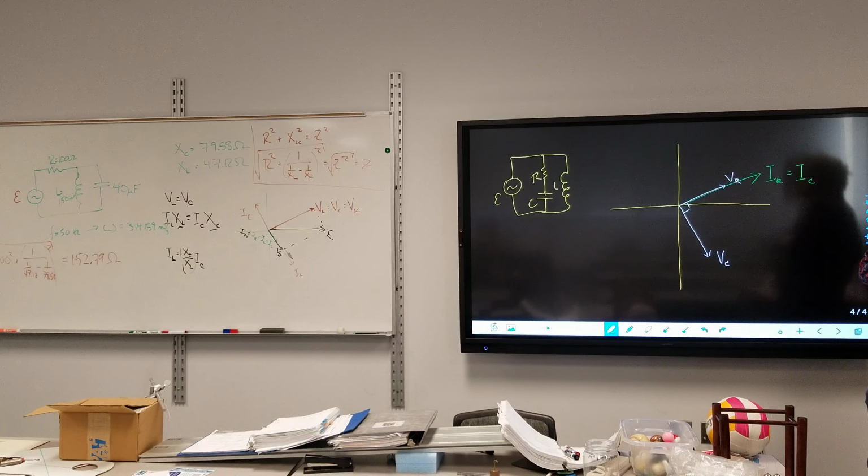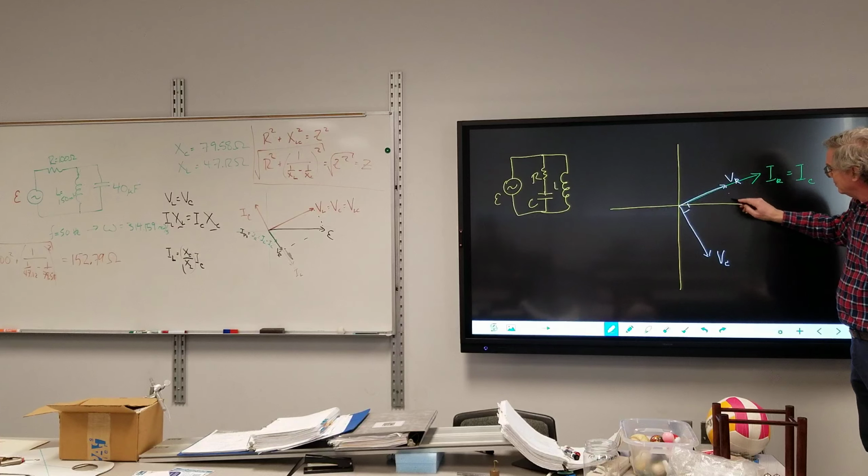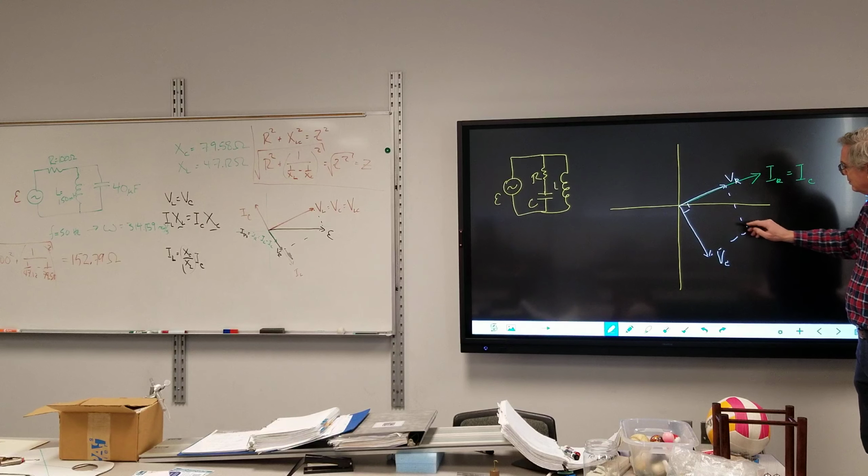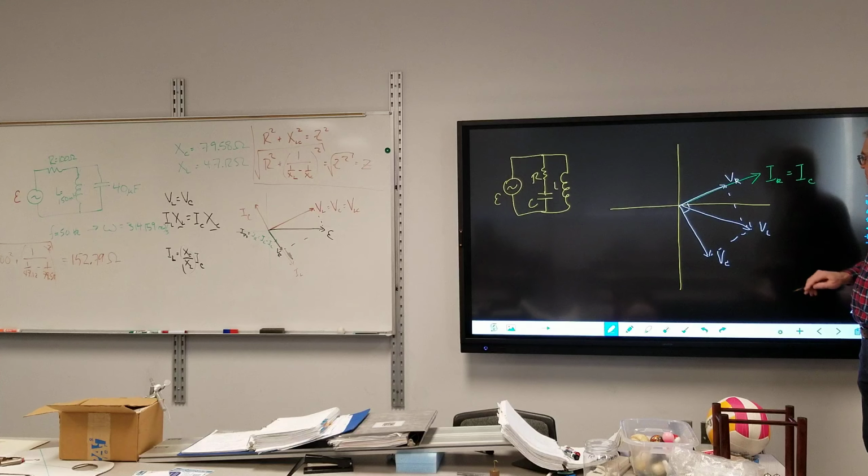What about the inductor? Voltage or current? It should be voltage, right, because it's in parallel. So the sum of these two would be the voltage of the inductor.